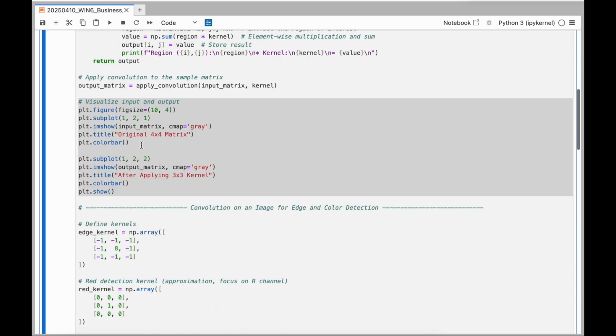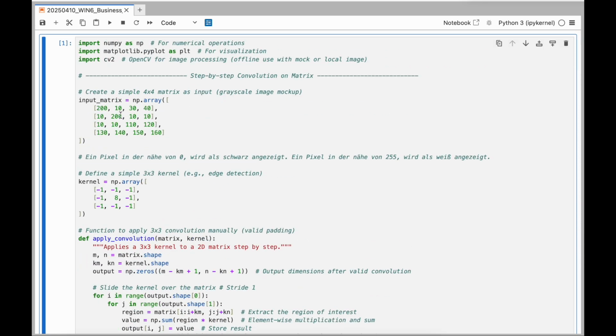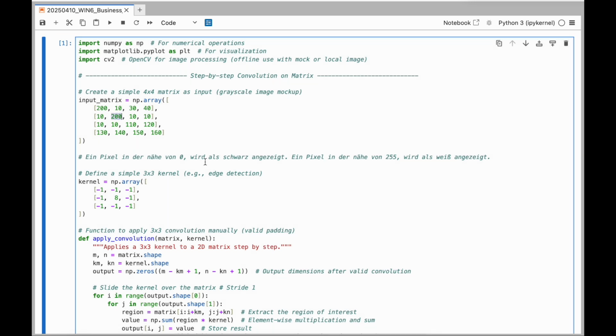Because we're having an attention kernel, this number is going to be crucial. So let's change this from 200 to 10. So it's going to become black.